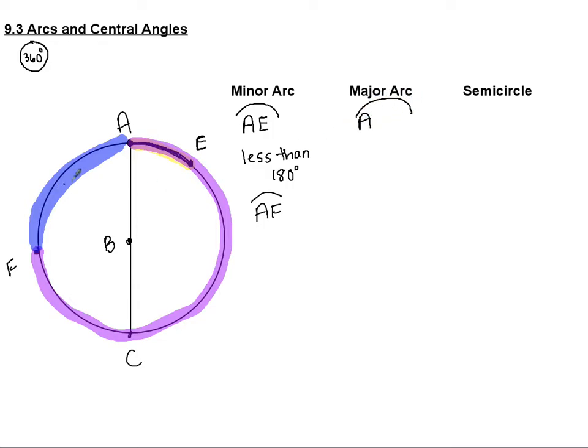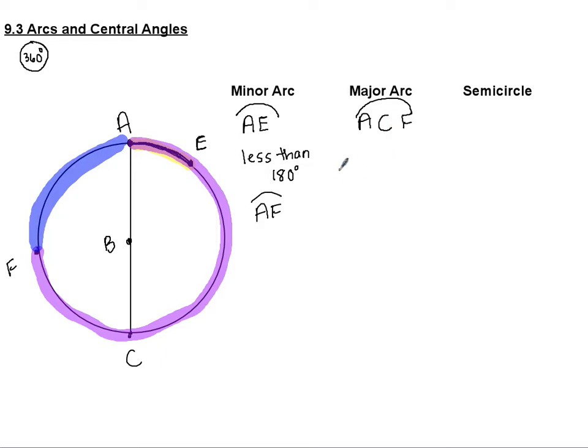The first and last letters, A and F, have to be the endpoints, and the letter in the middle can be any point between them. So I could call this major arc AEF, or I could call it ACF. It's still referring to going around the circle. I'm just going to call this one ACF.